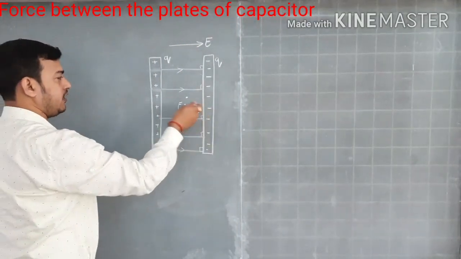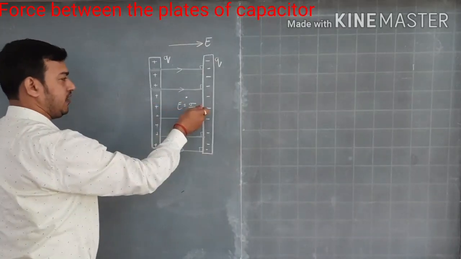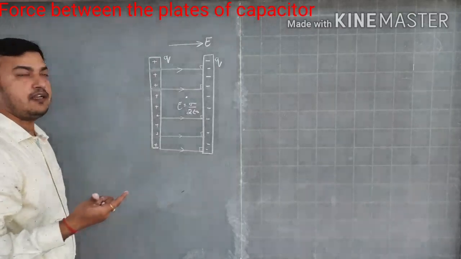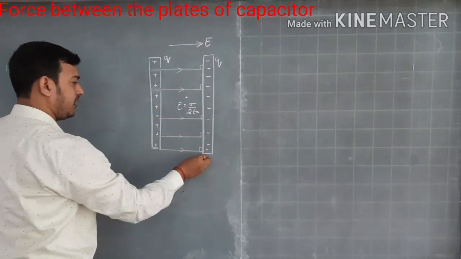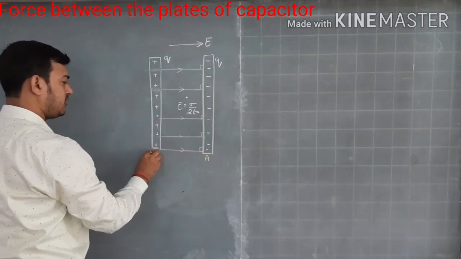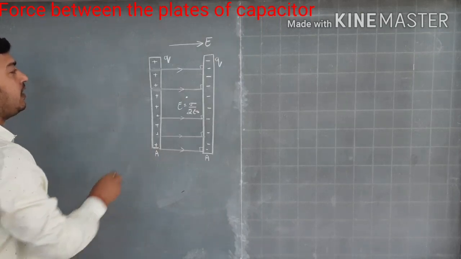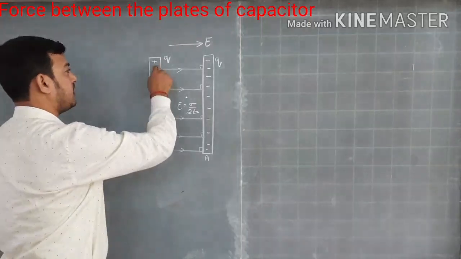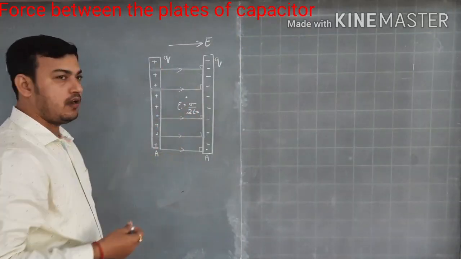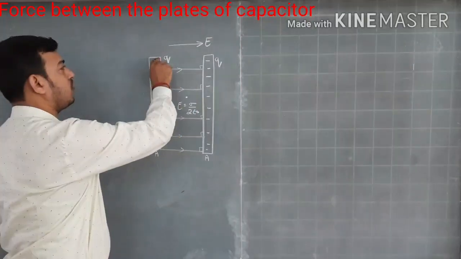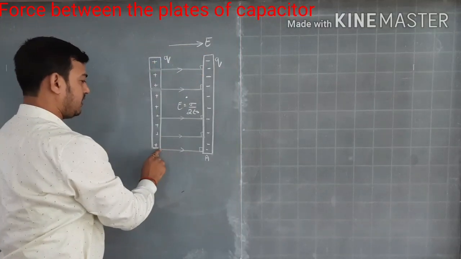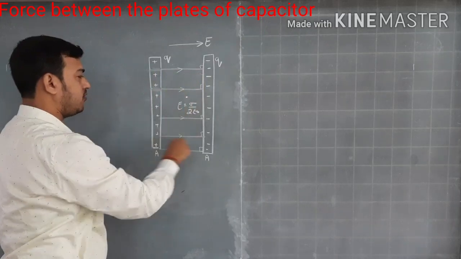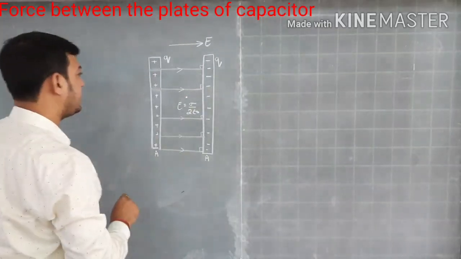We know that if a charge is placed in the electric field of another charge, this charge will definitely experience a force. Let me take the area of each plate as A. We have also discussed in the previous class that if the sheets are large, we can ignore the fringing of the electric field at the edges, and the field is almost uniform between the plates.